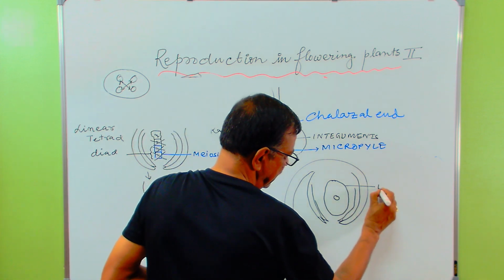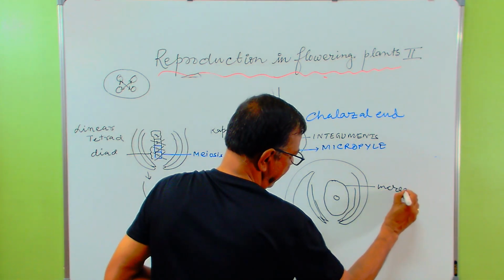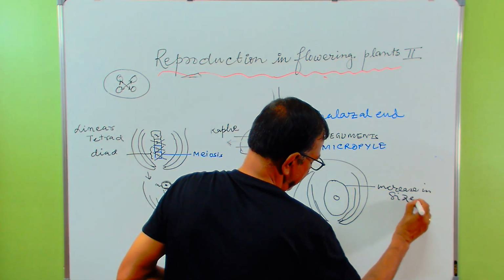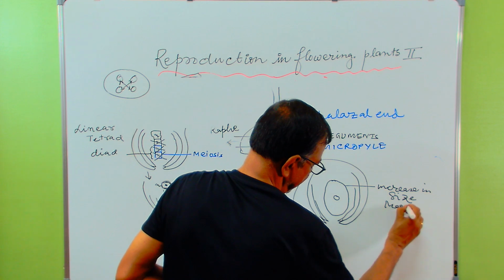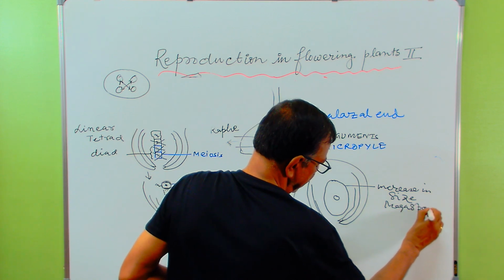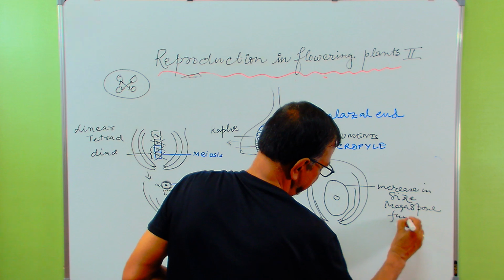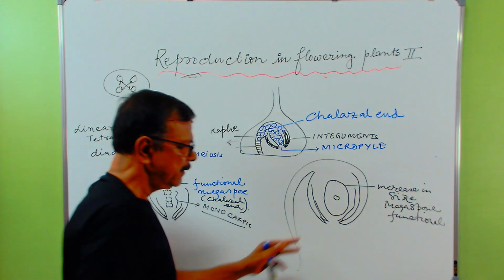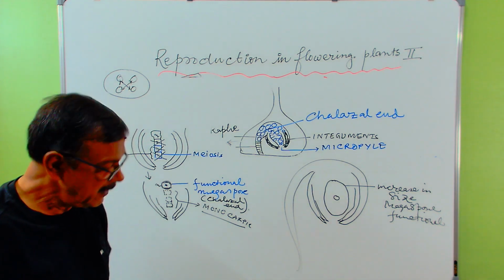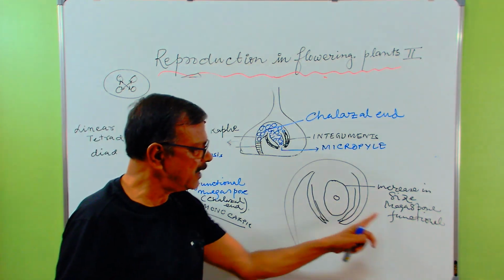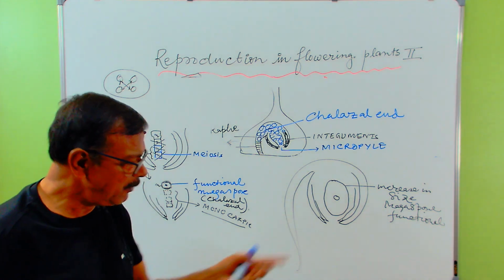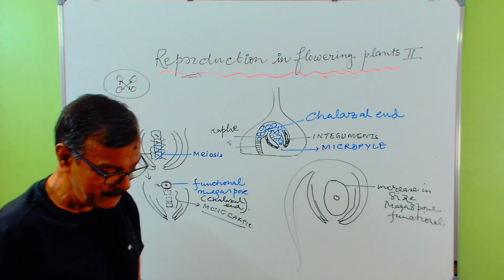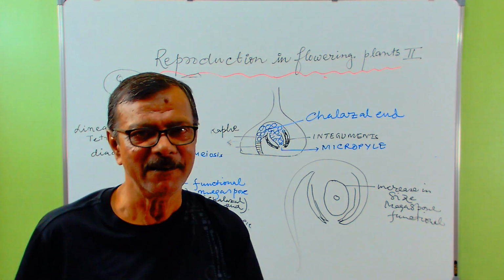Megaspore functional. That is haploid. Still, it is not known as gamete. Now, what will happen? You see, these will undergo mitotic division.